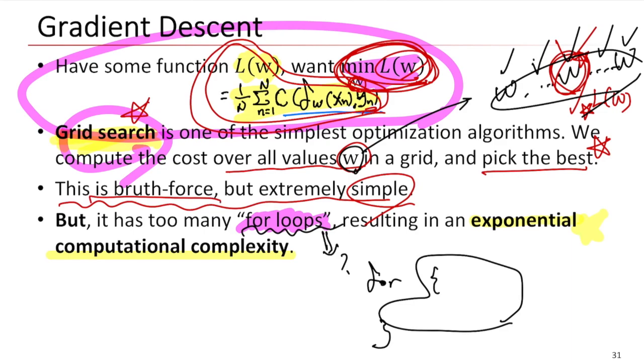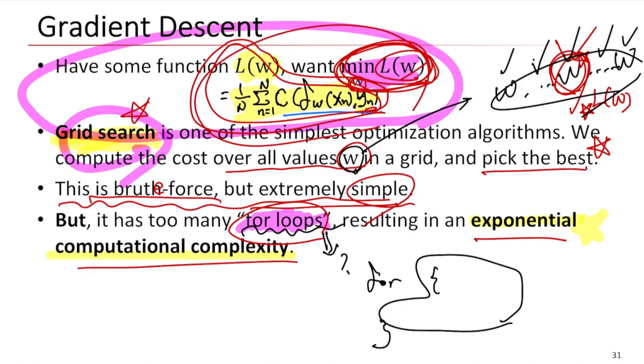It is extremely simple, but it has too many for loops, so it results in exponential computational complexity. So we need a more efficient way to solve this optimization problem.